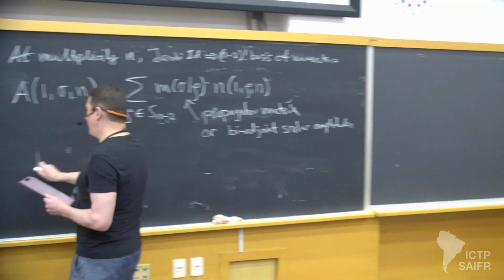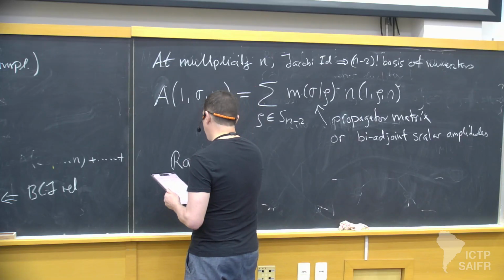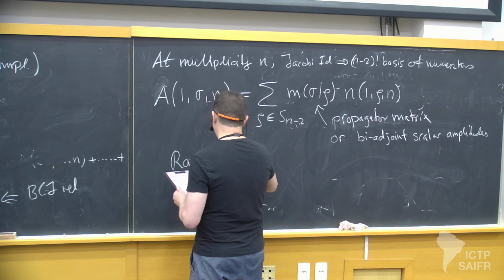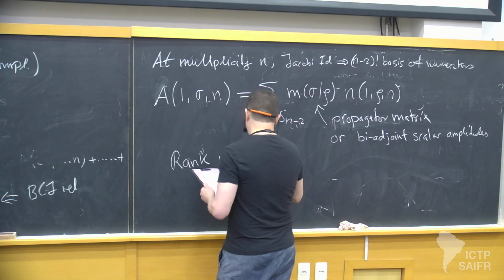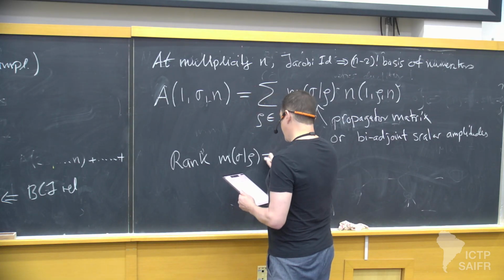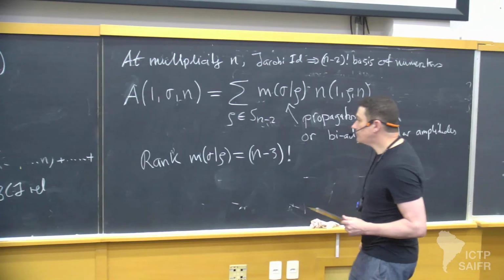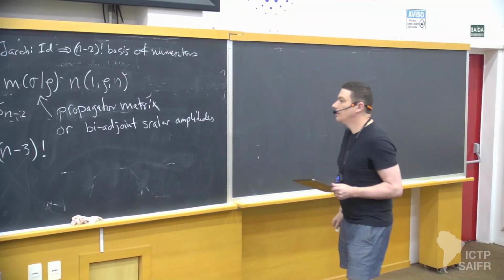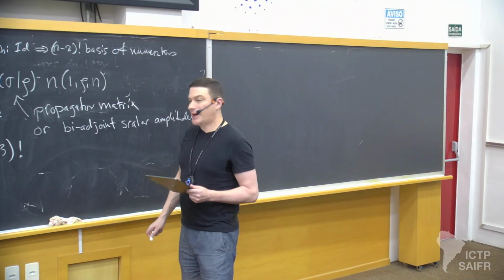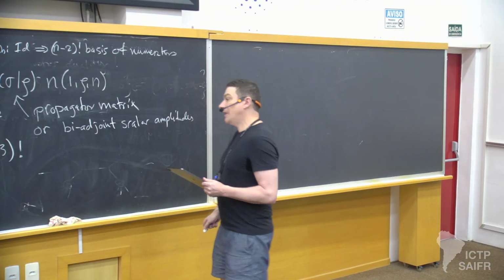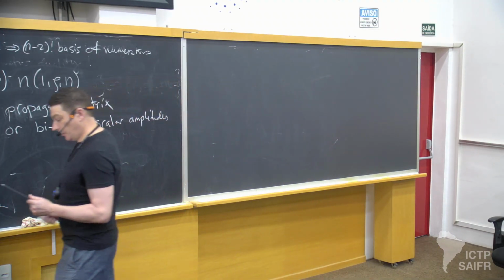And then the claim here is that if you repeat this exercise, you can work out that the matrix rank of this matrix, the propagator matrix or the biadjoint scalar amplitude matrix, is n minus 3 factorial. So it is an n minus 2 factorial by n minus 2 factorial matrix, but only n minus 3 factorial of the entries are independent.